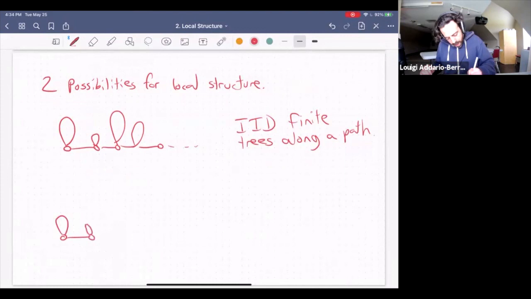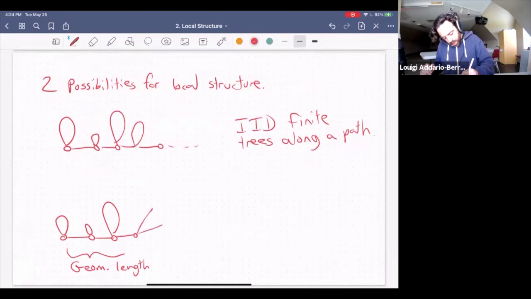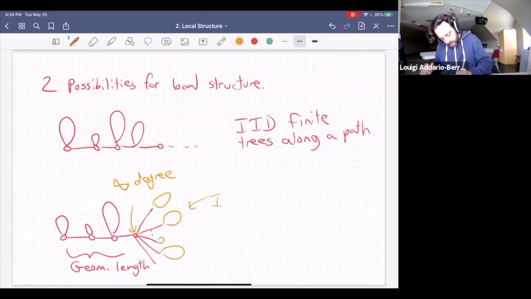You again have IID finite trees, but what happens is that you have a geometric length path. And at the end of that path, there's explosion. So you have a single node of infinite degree, at the end of which you have some more IID finite trees.